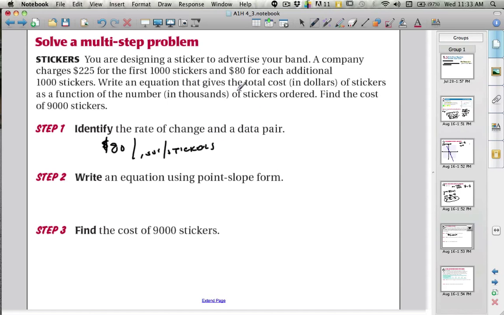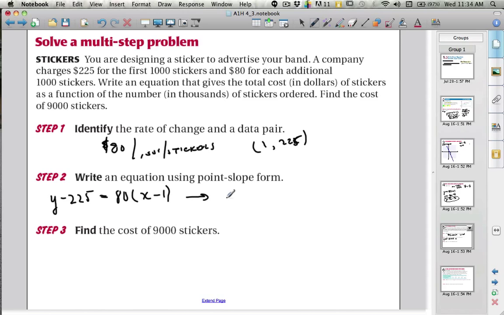And then if we look at a data pair, I know it was $225 for the first 1,000 stickers. So we're going to be doing things in thousands. So when x is 1, y is 225. Okay, if I want to write an equation using point slope form, I know that y minus 225 is equal to 80 times x minus 1.